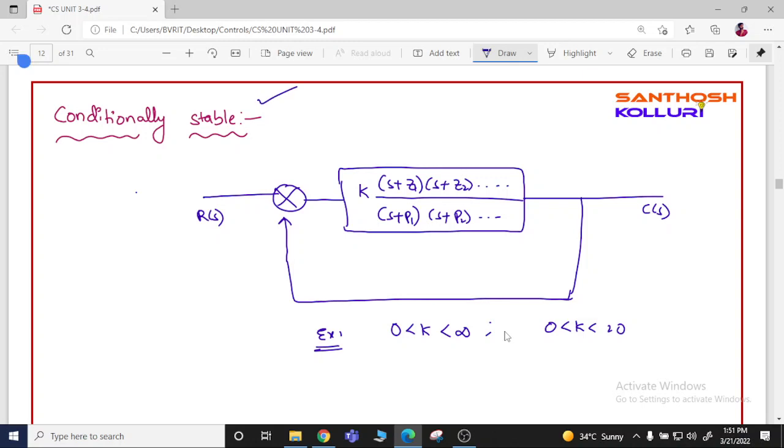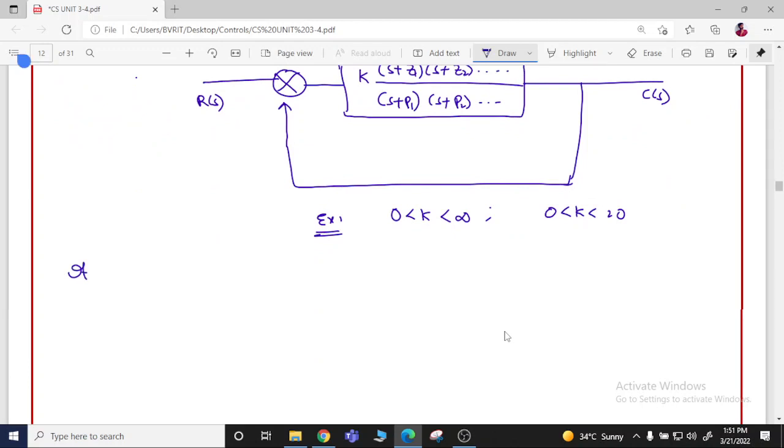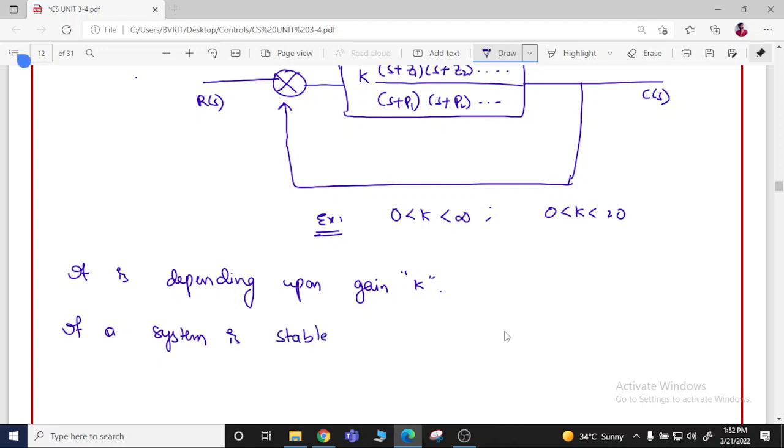This conditionally stable system depends upon the gain k of the transfer function.